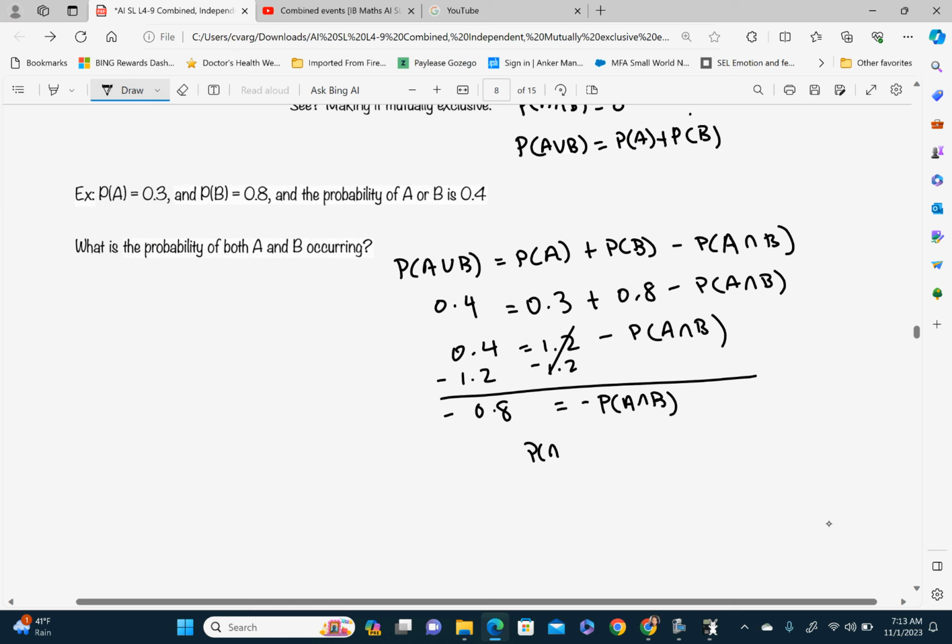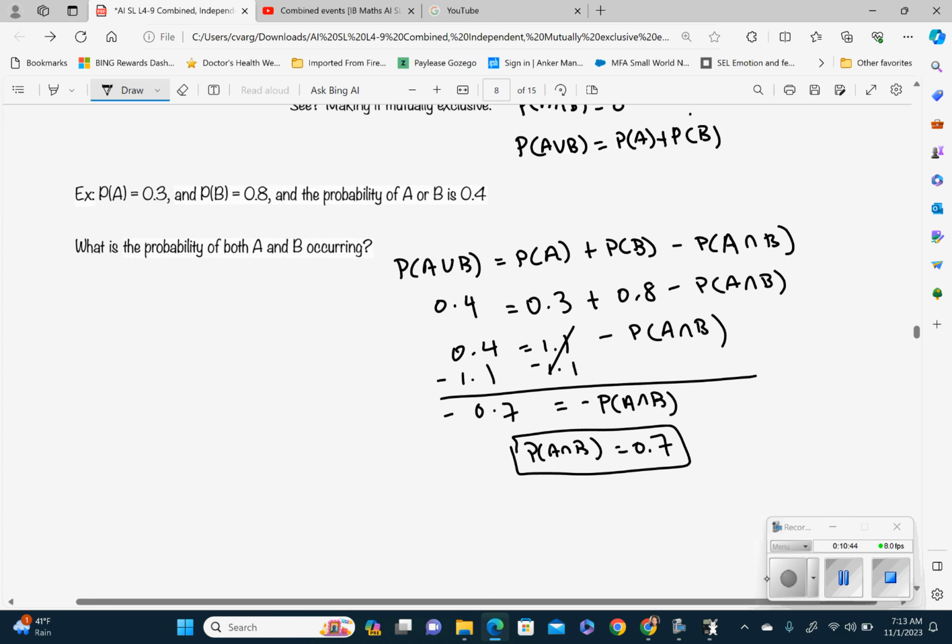Wait, I just did something really quickly, and this is actually 1.1, and when I subtract 1.1, I get 0.7, so my answer is going to be 0.7, okay?